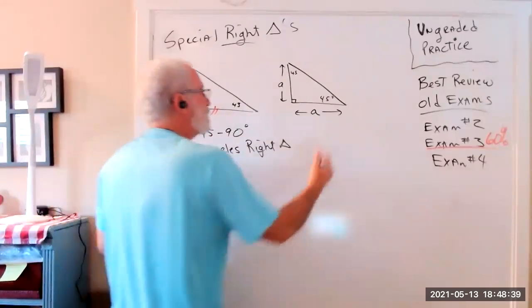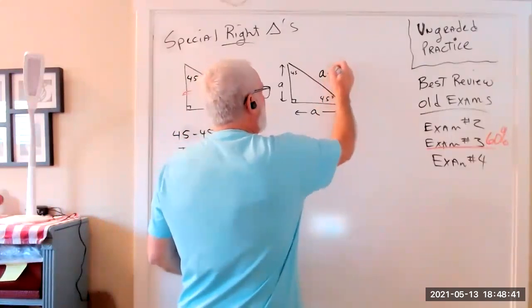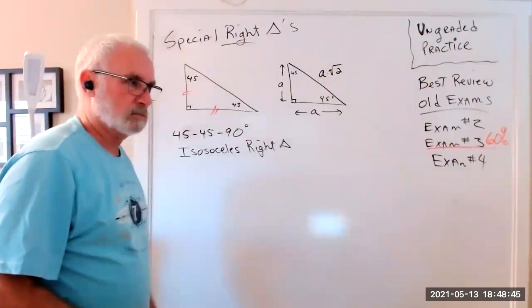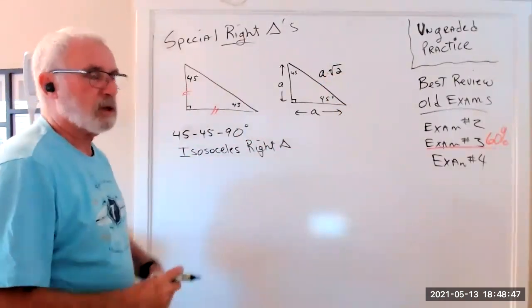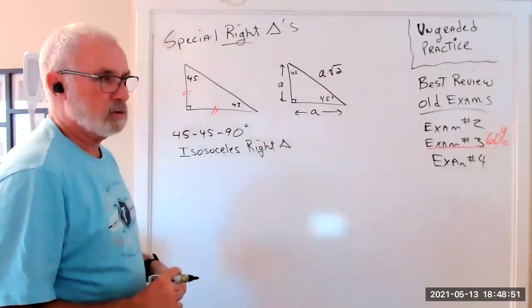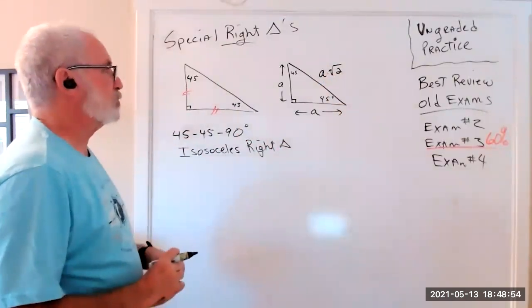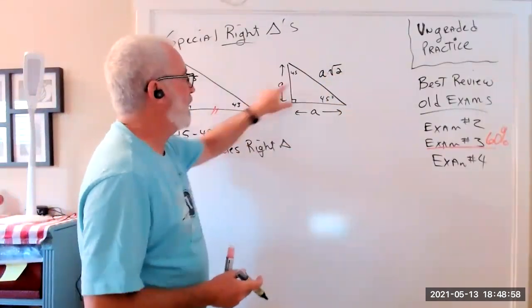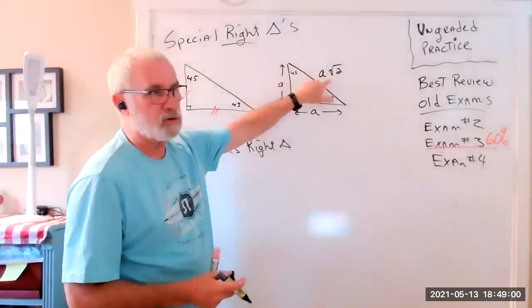Okay, and this side is A times the square root of 2. Okay, that's a formula or a pattern that you just simply need to know. Okay, in an isosceles right triangle, the pattern is A times the square root of 2.